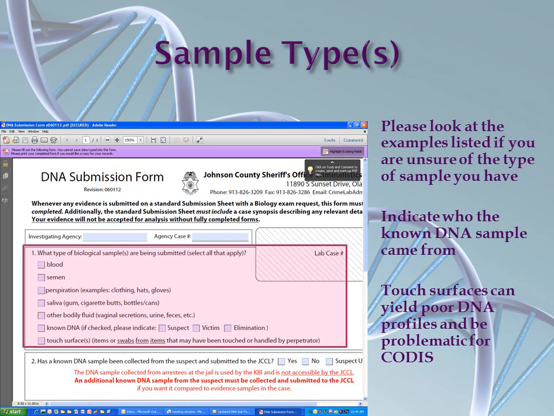And it doesn't involve any of the previous categories like perspiration or saliva. So this will be something like a swab from a steering wheel from a stolen car, or a screwdriver left at the scene of a crime. So if you just fill out and select all that apply, so if you're submitting 10 different pieces of evidence, select any and all that apply to that case. That way we know what kind of samples are coming in.